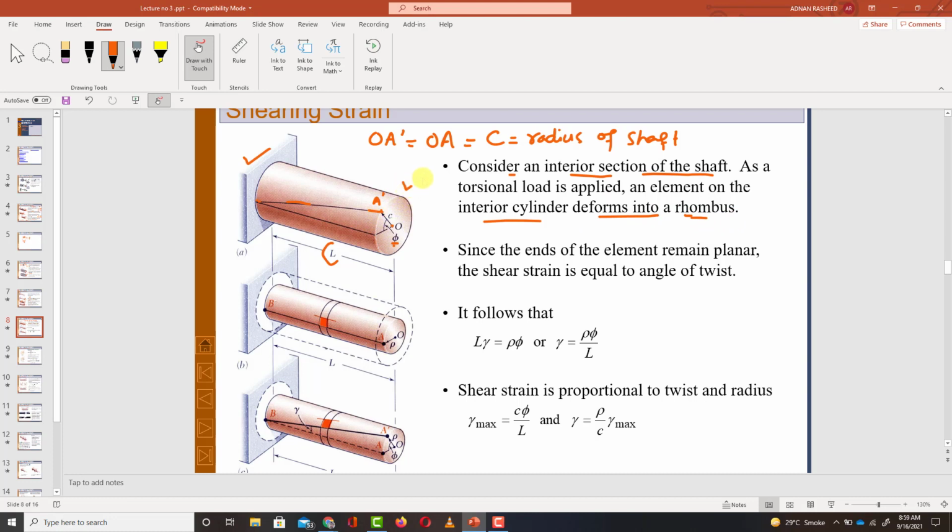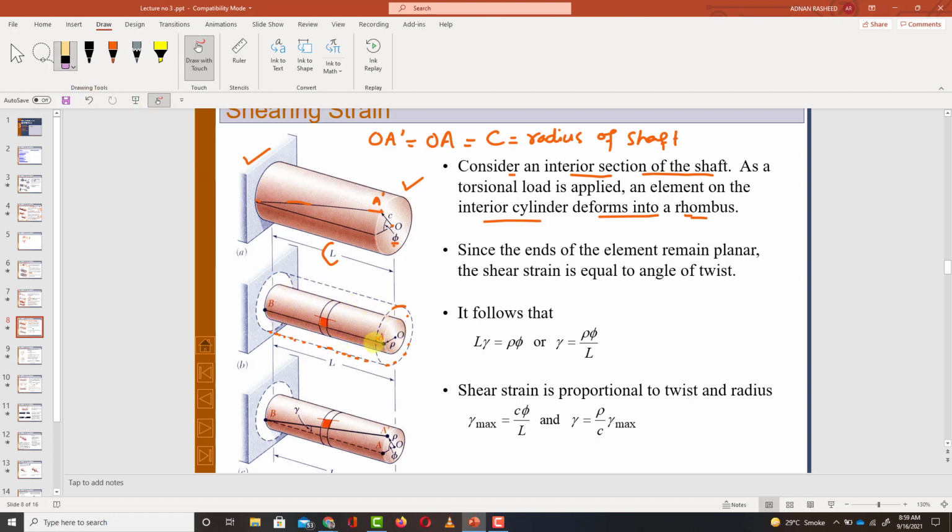So this was initially a shaft. Now we have taken the interior portion of the shaft. You can see this dotted line is actually the original shaft. Clear? And this smaller portion, the inside, is the interior portion of the shaft.